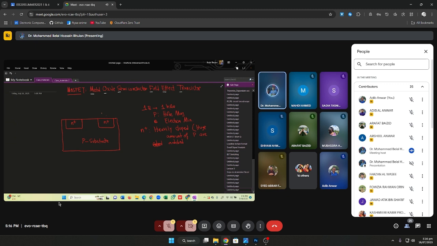Okay, so we have the P-type region and the N-type region, and then in the P side, between the two N+ regions, we deposit a very thin layer of oxide. This is a silicon dioxide layer, a thin layer of oxide, which is an insulator.